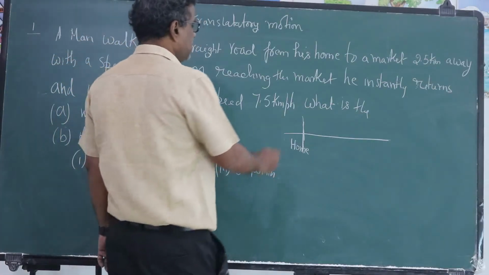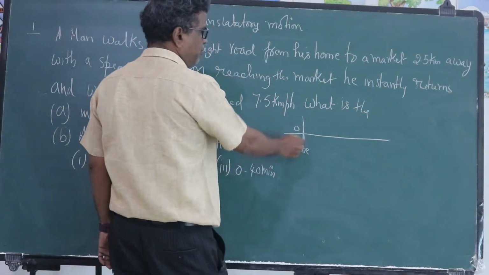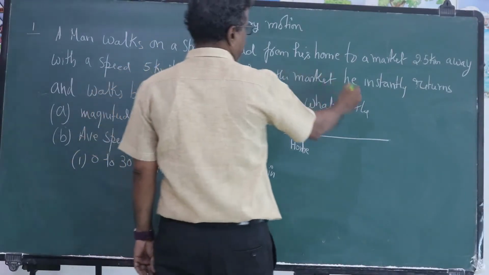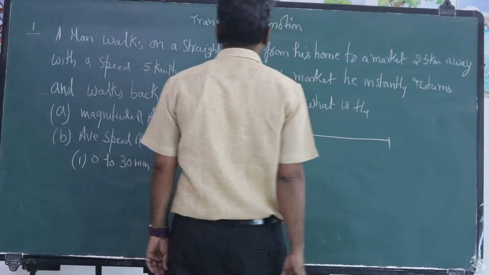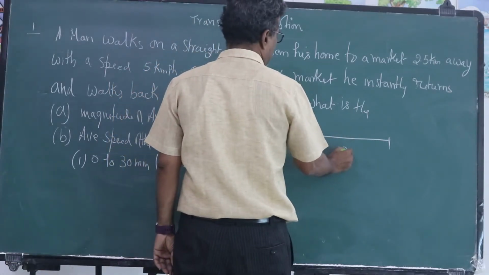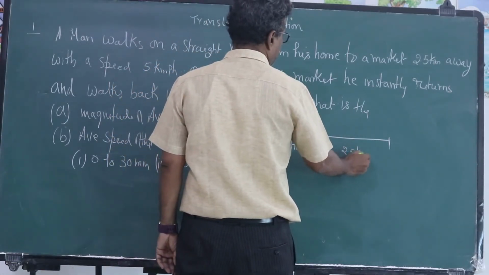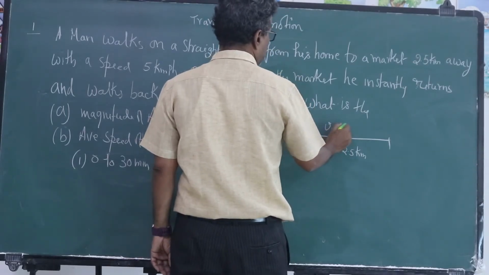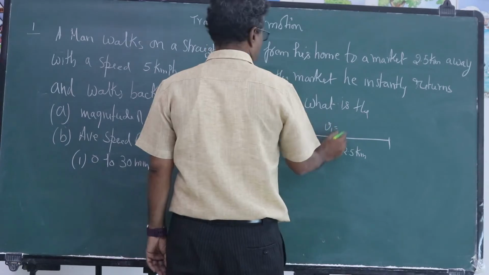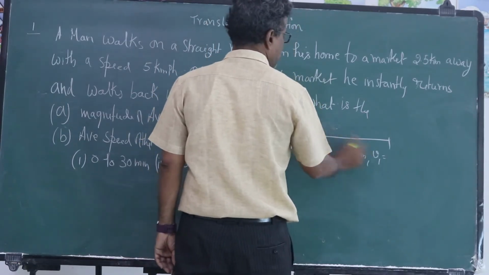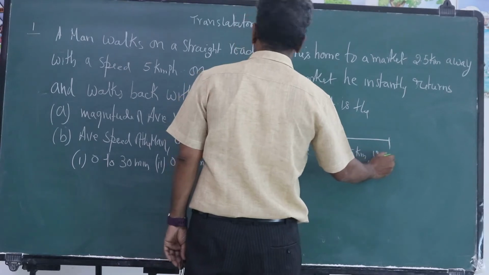So I consider home as the origin, and the market on the straight road is 2.5 kilometers away. Moving with a speed V1, how much? 5 kilometers per hour.